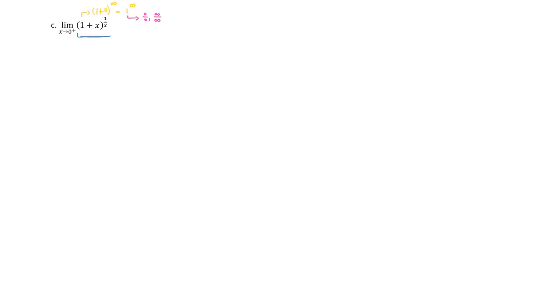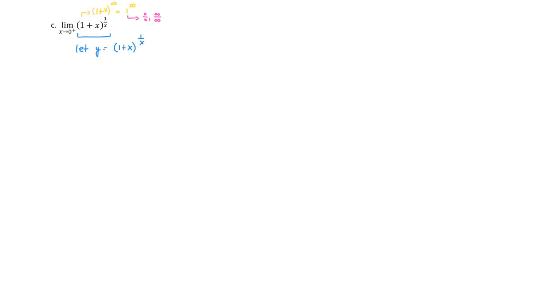I'm going to take this expression right here, and I'm going to say, let y equal (1 plus x) to the 1 over x. Now, because in the base I have x and in the exponent I have x, this is one of these kind of crazy functions that are a little bit strange.